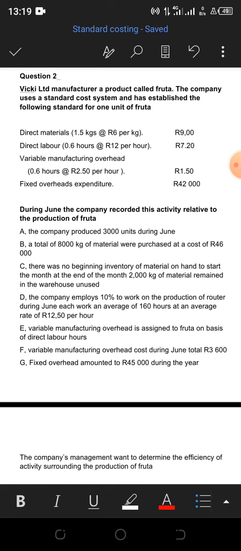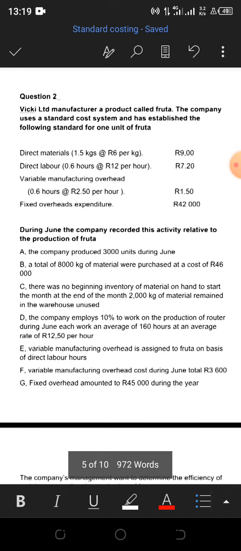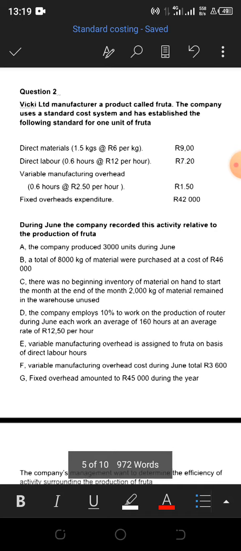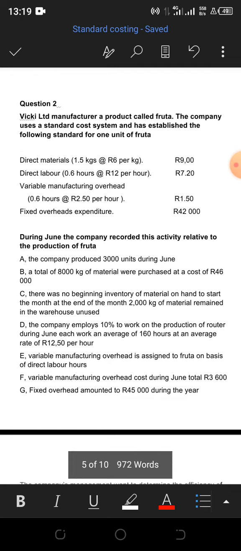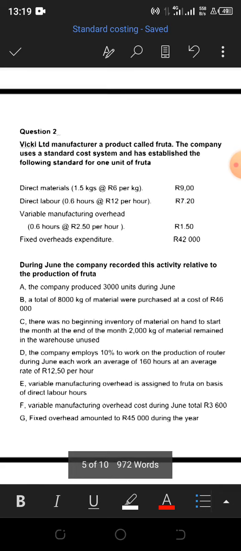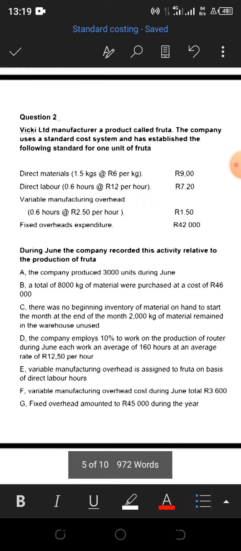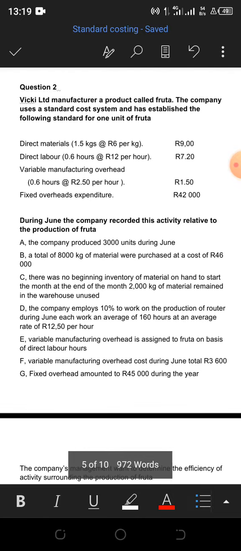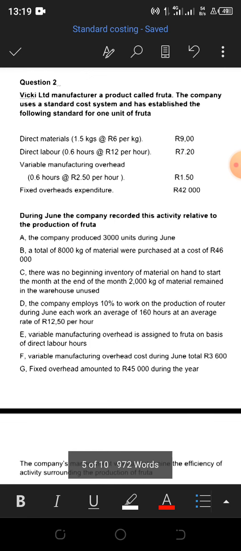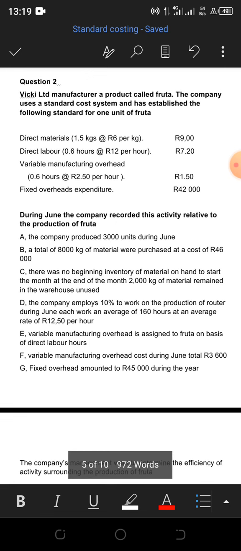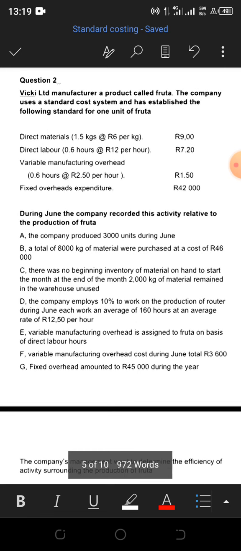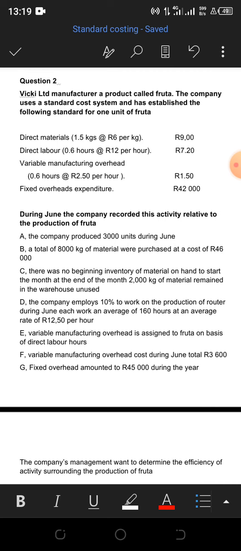On our table, they didn't give us anything. We have 3,600, which we know is the total actual amount that we spent for variable manufacturing overhead.